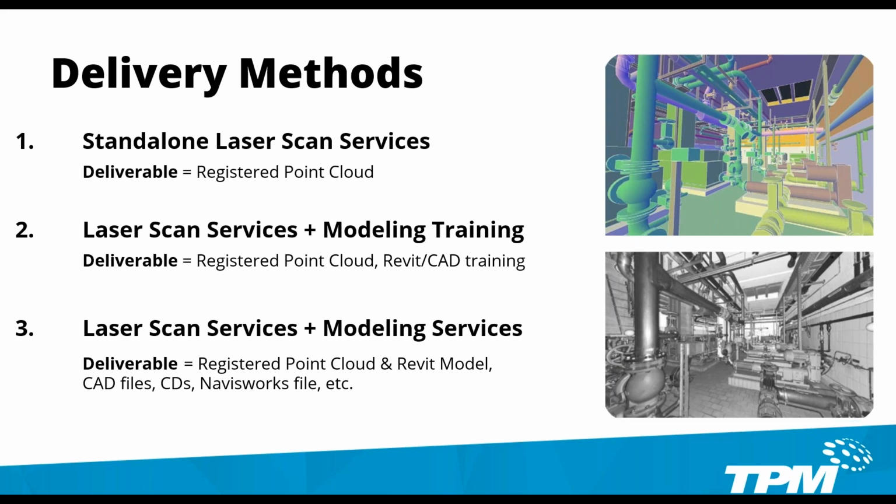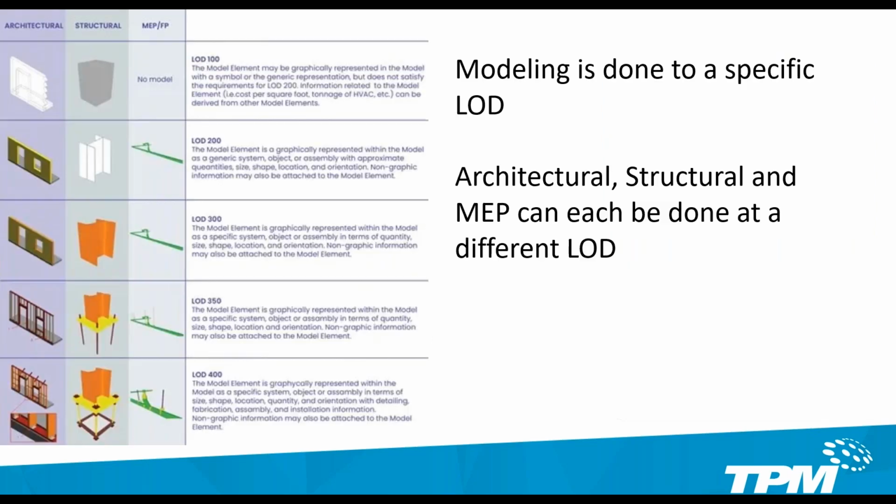When we hand over the point cloud to you, we also hand over a Revit model, and you're ready to start without having to go out in the field and collect any data. Tremendous time saver. So number 3 is the one that we use the most and get the most.